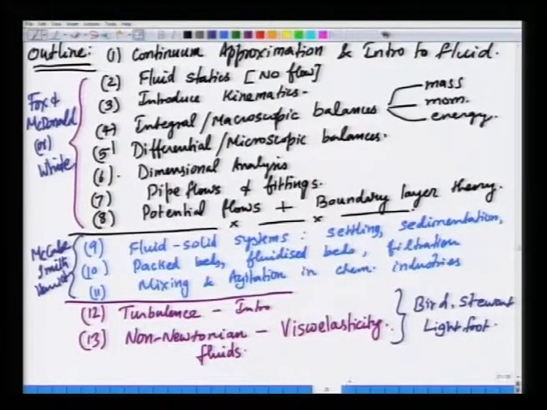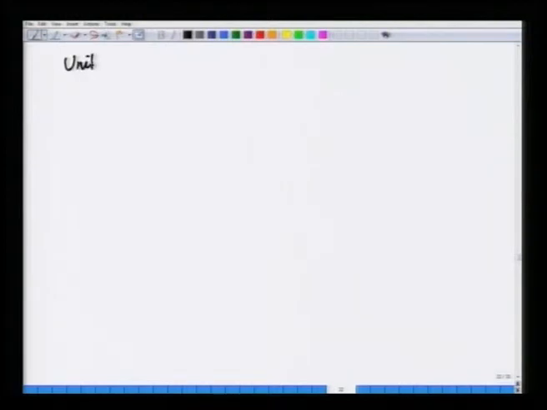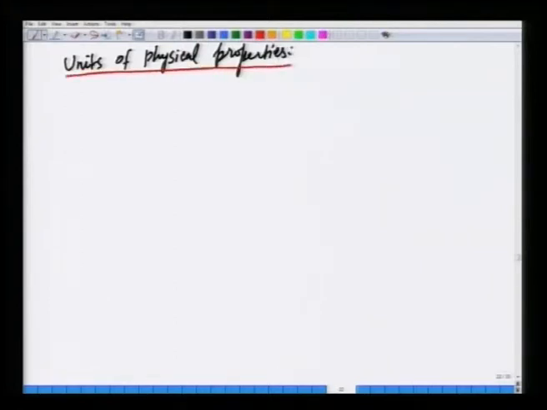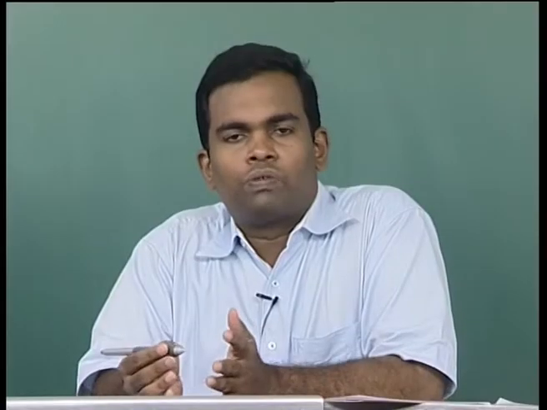Now, the very first topic that I am going to discuss is units and dimensions of physical properties. So, in engineering and in all physical applications, we have to measure quantities, for example mass, and then we have to quantify things like flow rate, and then we have to measure forces and so on.